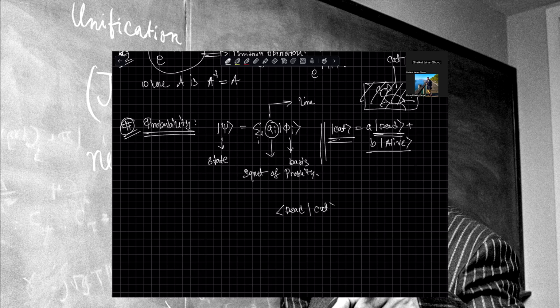So the dead component of the cat is just A, right? A can be a complex number in general, and a complex number as a probability doesn't make any sense. So for now, we'll take the mod squared. Even if it's a real number, we have to take the mod squared. And this is known as the probability. So in this sense, the coefficients are the square root of the probability.